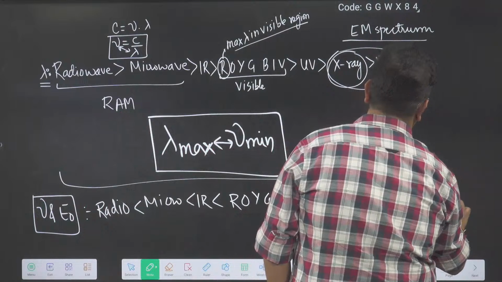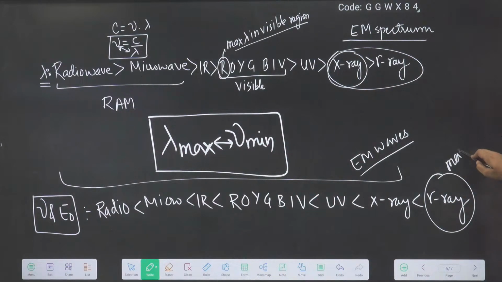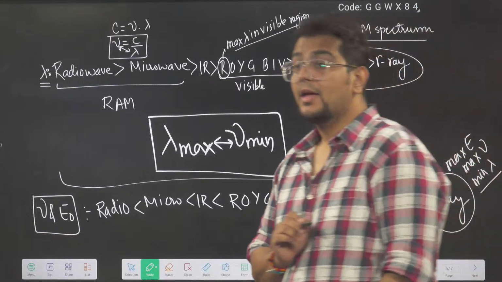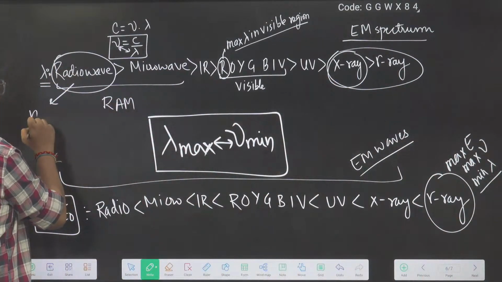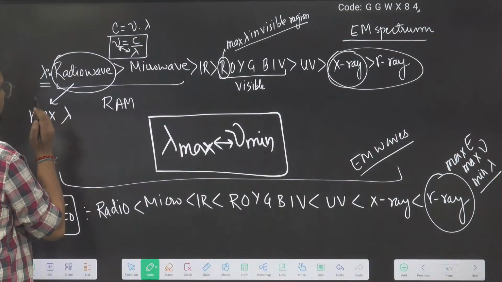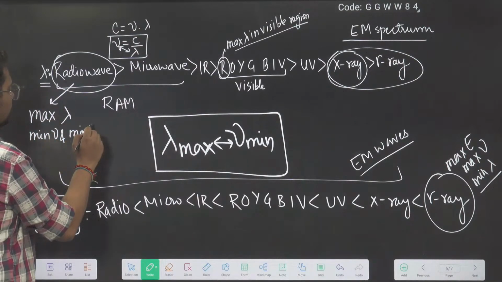So who has the maximum energy? Gamma ray has maximum energy, maximum frequency, but minimum wavelength. Radio waves have maximum wavelength, minimum frequency and minimum energy.